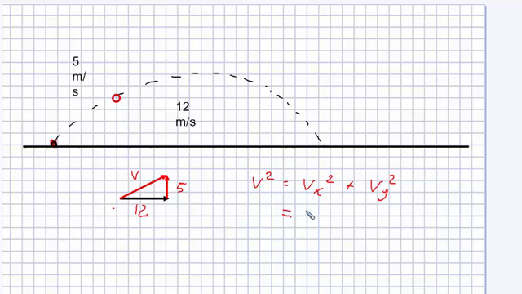And so we have 12 squared plus 5 squared equals v squared, and that's 144 plus 25, that's 169 is v squared. Take a square root of both sides, and we find that v equals 13 meters per second.